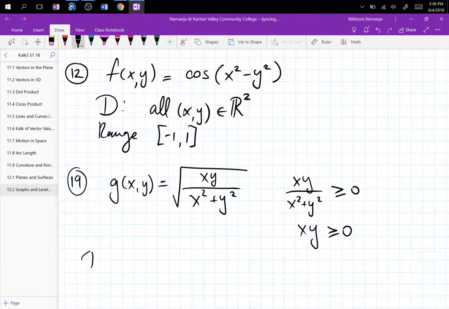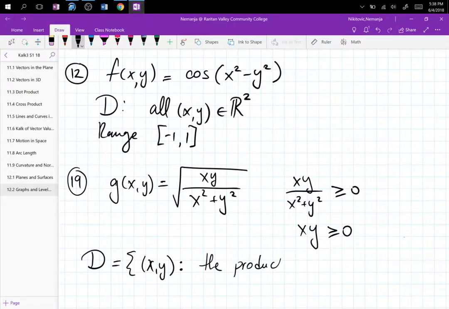So the domain is xy such that their product is positive or 0.